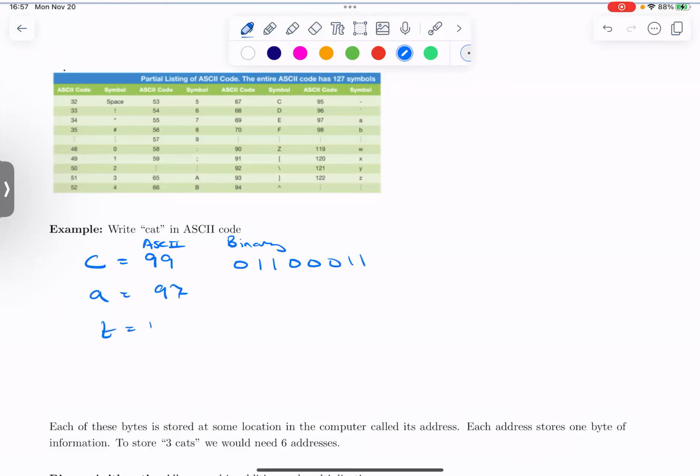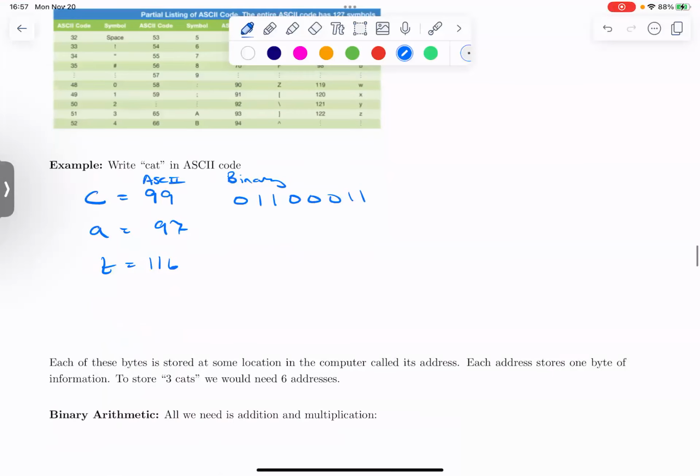And a is 97 and t is 116. One, 2, 3, 4. And then 0, 1, 1, 1, 0, 1, 0, 0.